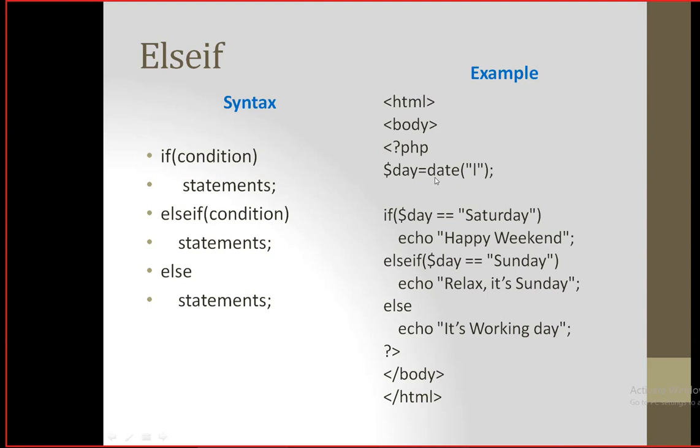With the help of the date function, which is an inbuilt function in PHP, we are passing small l. What this small l will give us is the current day. Today is Thursday, so it will go in the else part and print out it's a working day.